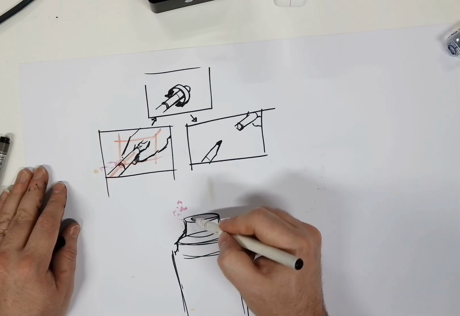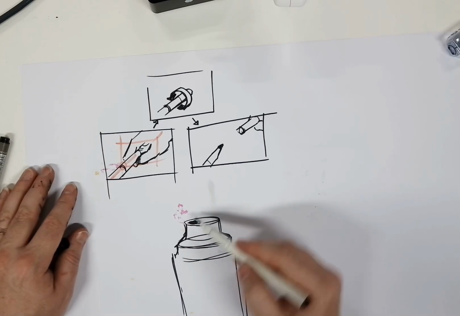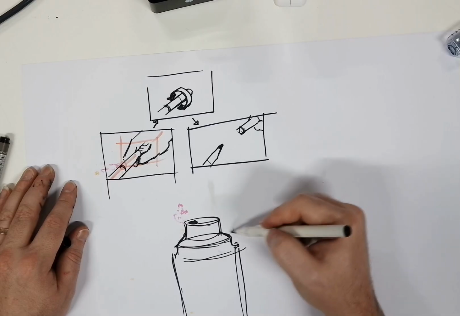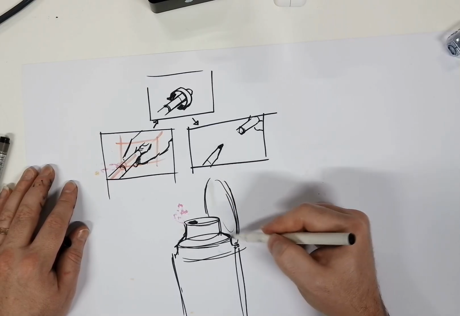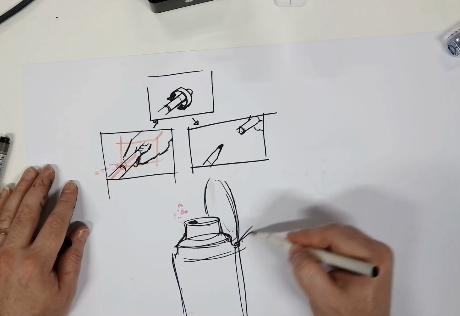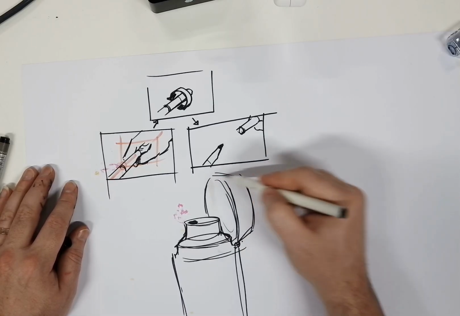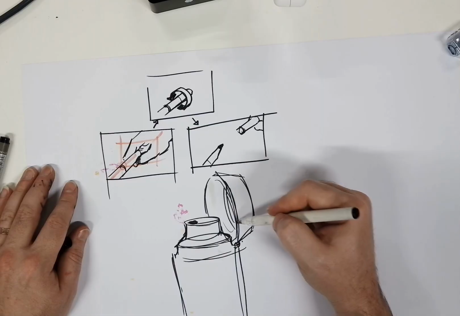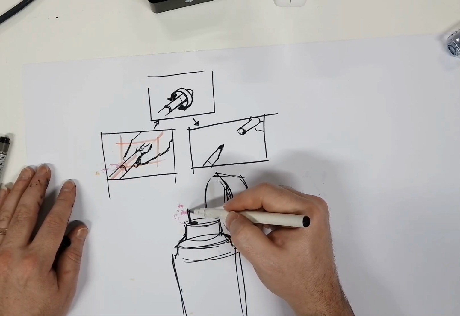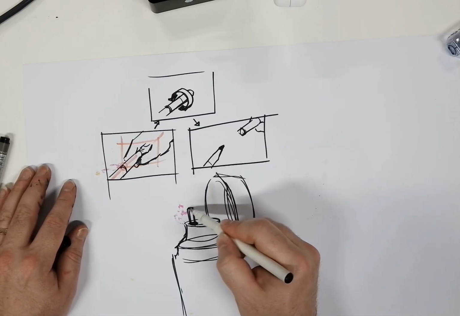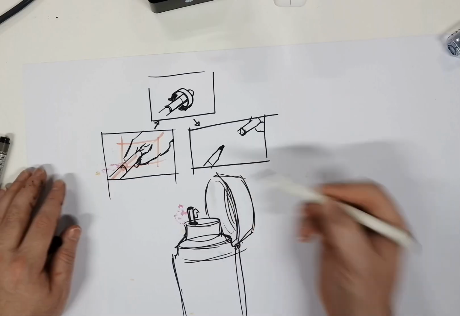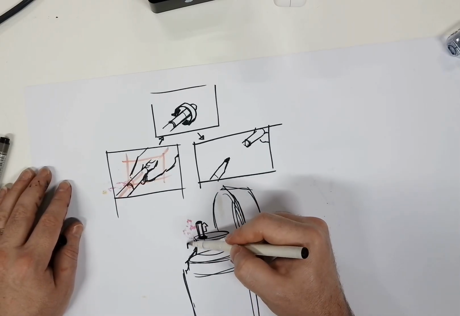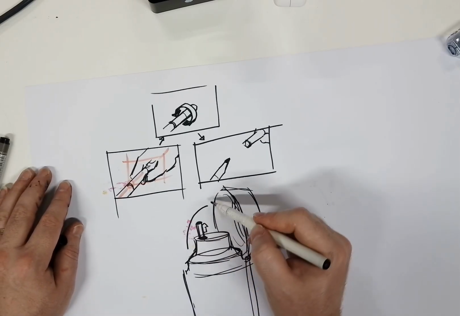Something like that, and then something like that. And let's say the straw comes up when you open the lid. So this will have a little bit of an up arrow here, and then the lid will have a bigger curved arrow like that.